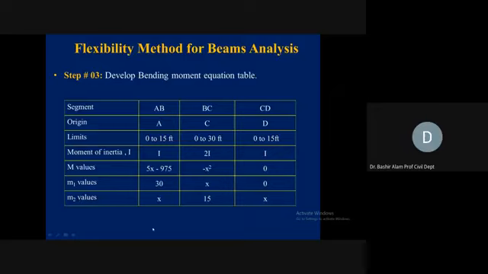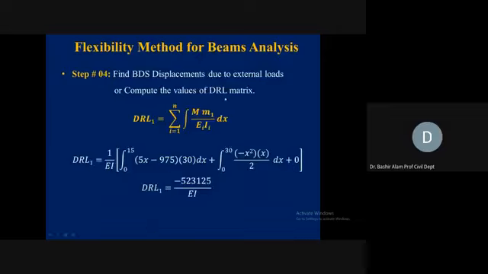Simply now, the rest of the calculations will be coming out of these numbers. Now it will be the product of different combinations. So now we want to find out DRL. So DRL1 will be equal to the integral of M m1 over EI dx.